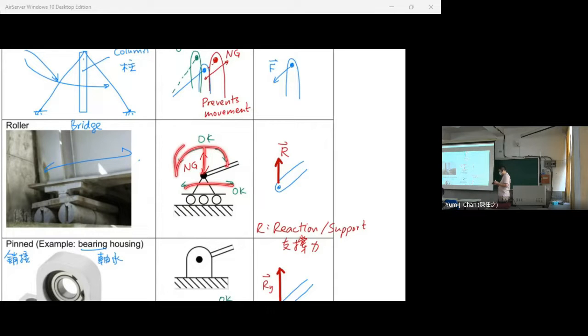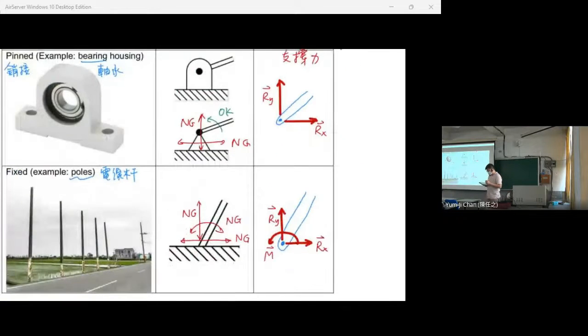Can we rotate? If we can rotate, we do not have a moment. But for example, in the fixed support, the pole here cannot rotate, so we have a moment here.